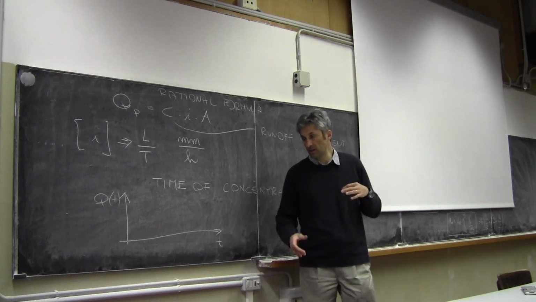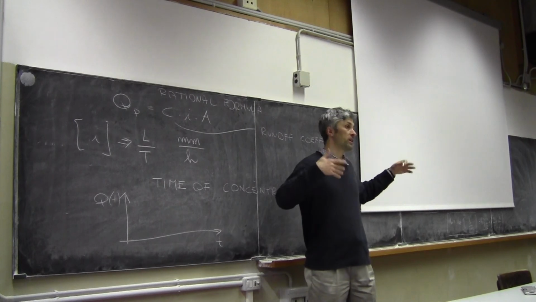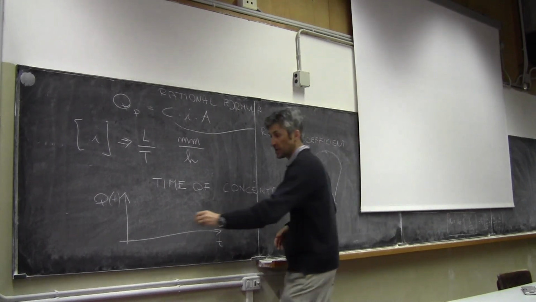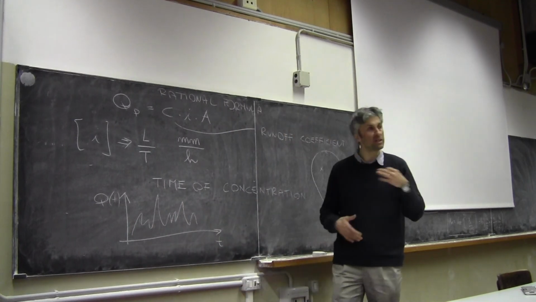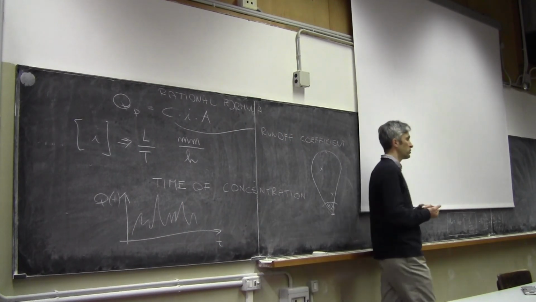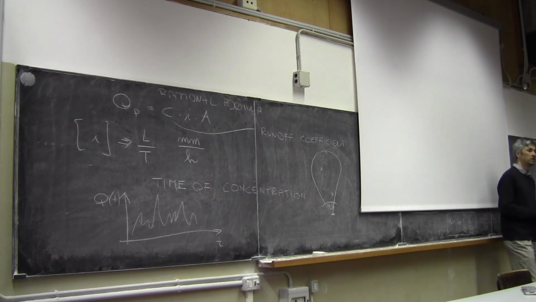And you get a picture that is extremely varying depending on the catchment behavior. It's something like that, and it could also be intermittent if you have periods in which you don't have any flow in the river.